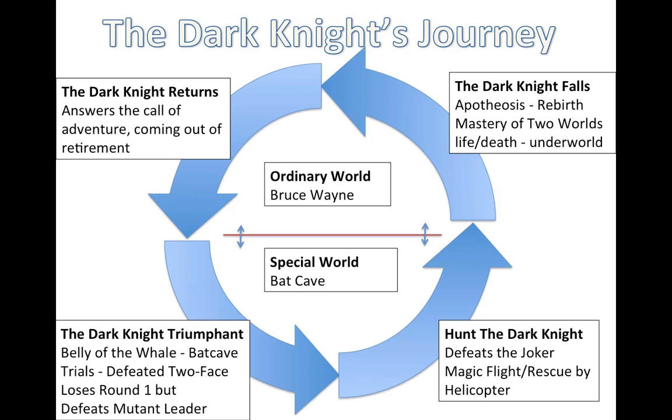Actually, I think that's the end of Dark Knight Returns, and at the end of Dark Knight Triumphant, he loses round one, but then eventually defeats the mutant leader. So he's going through a series of adventures and trials, right? And in Hunt the Dark Knight, the third part, he defeats the Joker. So the trials are continuing, the Joker kind of being his arch nemesis.